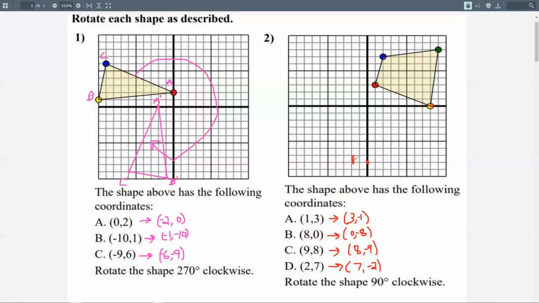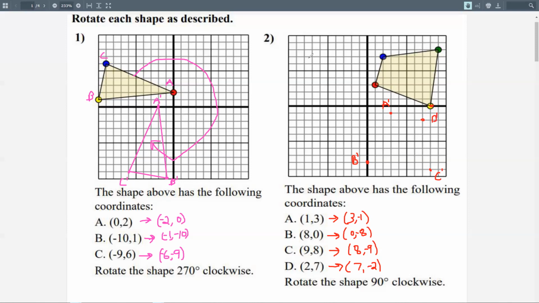So this was B prime. And then 3, negative 1 should be A prime. And then 8, negative 9 is C prime. And then 7, negative 2 is D prime.